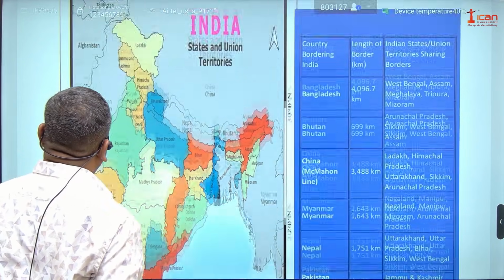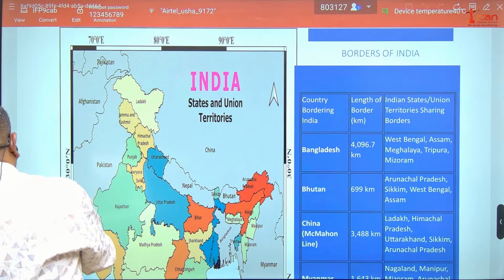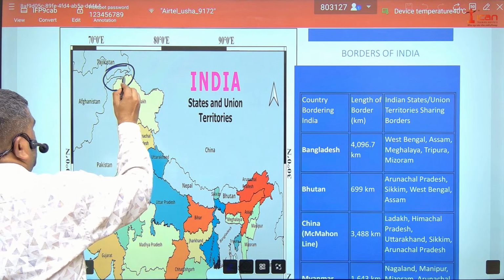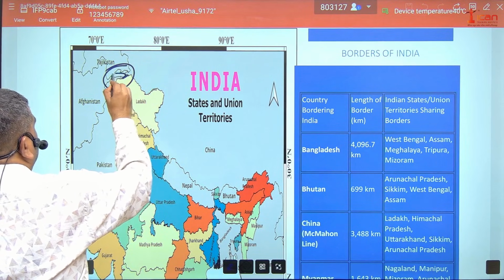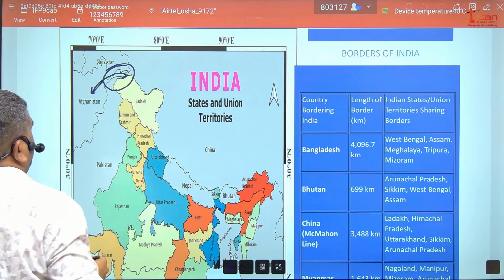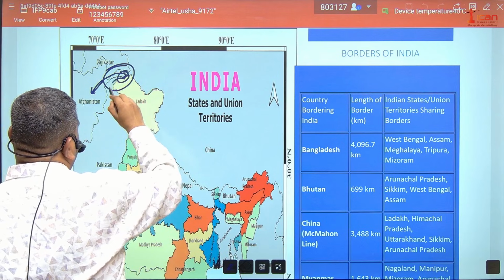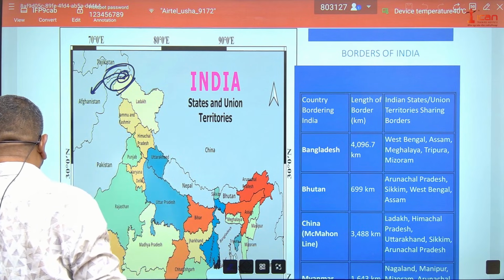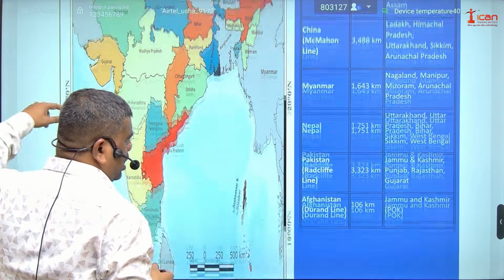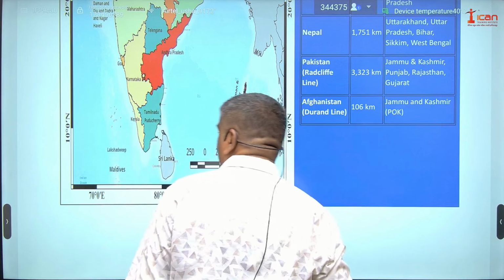So Afghanistan, actually right now we have a small issue because there is an illegally occupied part here. But this portion of Ladakh actually had, so the state of Jammu Kashmir, we can say that it had a direct border with Afghanistan. But then it is now under illegal occupation, which is contested, which is debated. So we call it POK, Pakistan Occupied Kashmir.